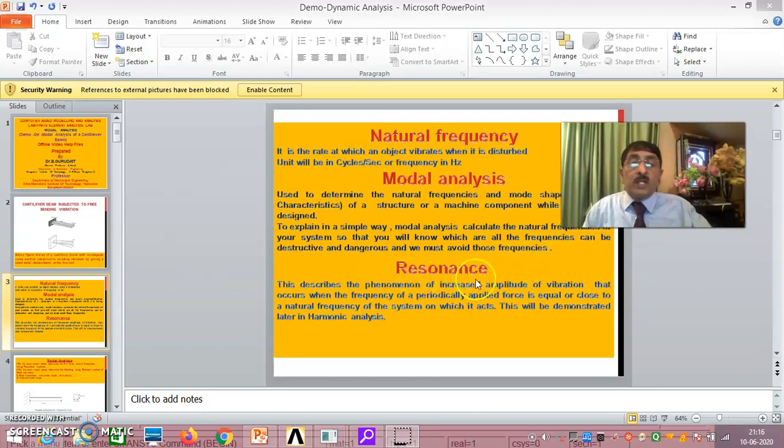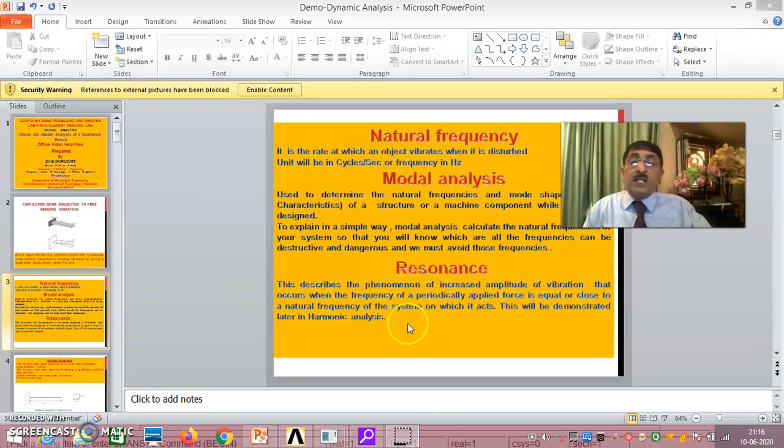Now I have told you what exactly resonance is. This describes the phenomenon of increased amplitude of vibration. At resonance, when the natural frequency coincides with the forced frequency, you get resonance. It occurs when the frequency of a periodically applied force, that is the forced frequency, is equal or close to the natural frequency of the system on which it acts.